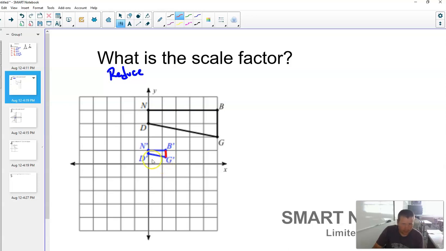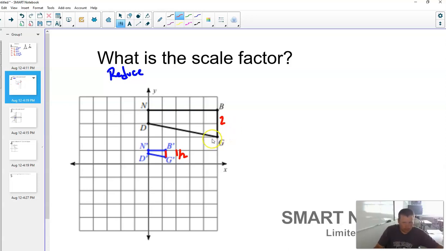I just take that one, which is 1/2 a unit, and then we've got 2 right here. So this is 1/2, and this is 2 units long. What I want to know is, how did I get from 2 to 1/2? What did I have to multiply by to get to that value?